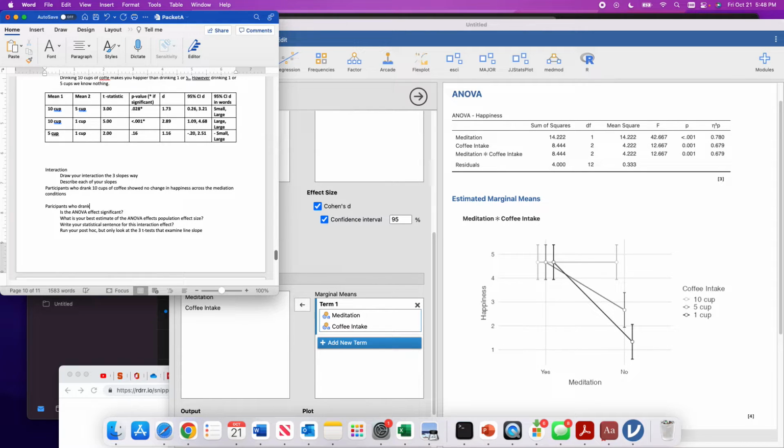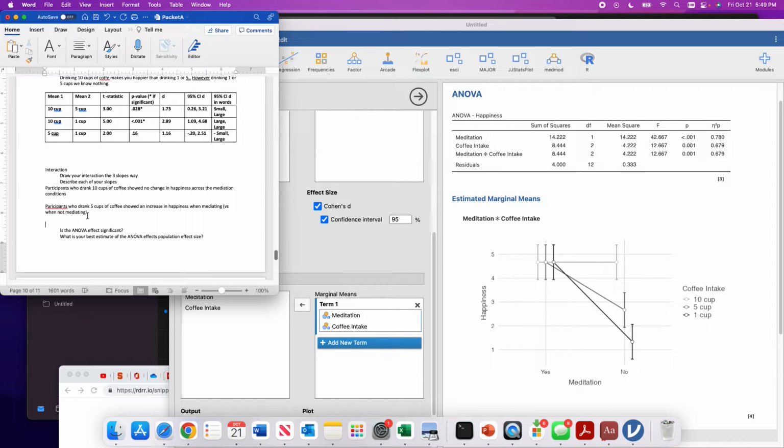Participants who drank 5 cups of coffee showed an increase in happiness when meditating. It's okay to have some implied things, right? Versus when not meditating. It would be very weird for a headline to say both, right? It's just kind of implied.